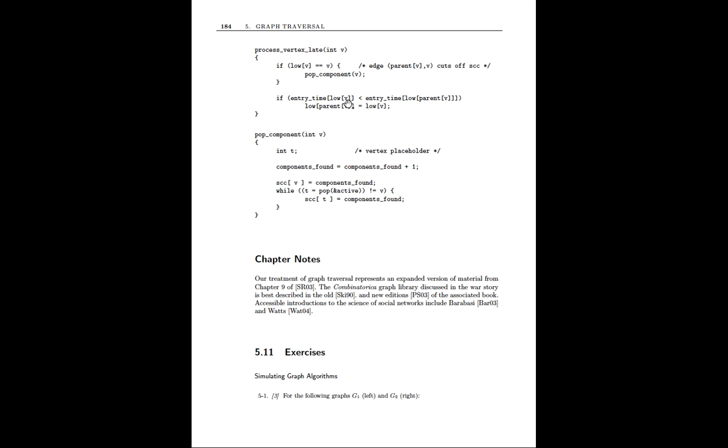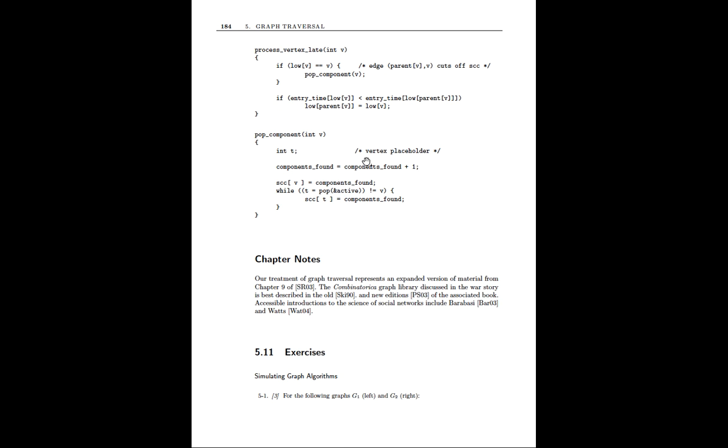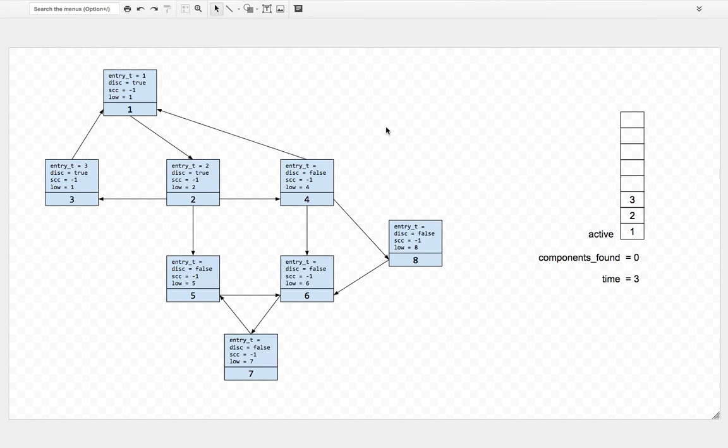If the entry time for low of v, the low of our vertex v, is 1, and the entry time of vertex 1 is 1, is less than the entry time for the low of the parent of v, that is the parent of our vertex 3, the low of that is vertex 2, because we never changed that, and the entry time for that low is also 2.